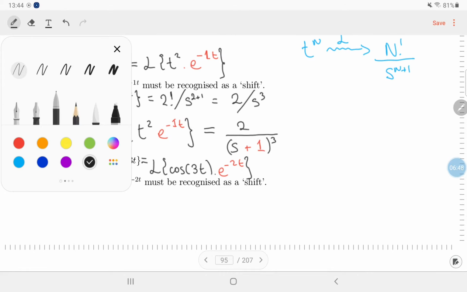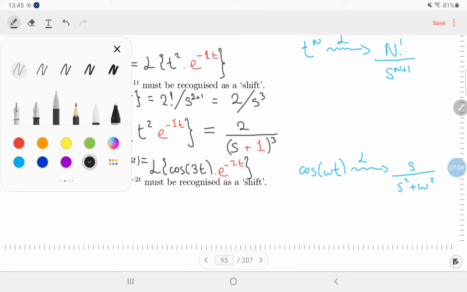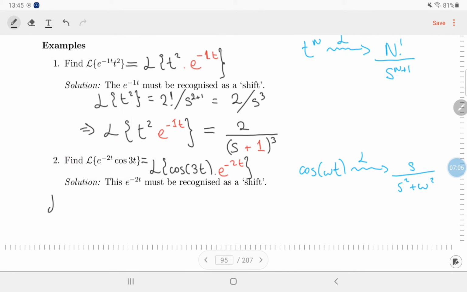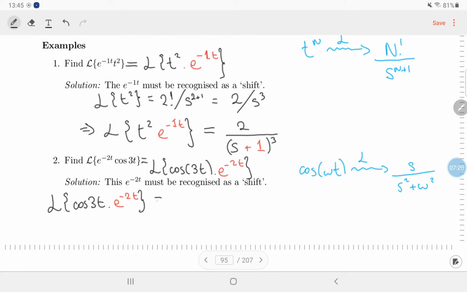So if we consult the tables, it'll say that cos omega t is sent, by the Laplace transform, to s over s squared plus omega squared. So therefore, if we're doing the Laplace transform of cos 3t times e to the minus 2t, equal to, so what do we do?